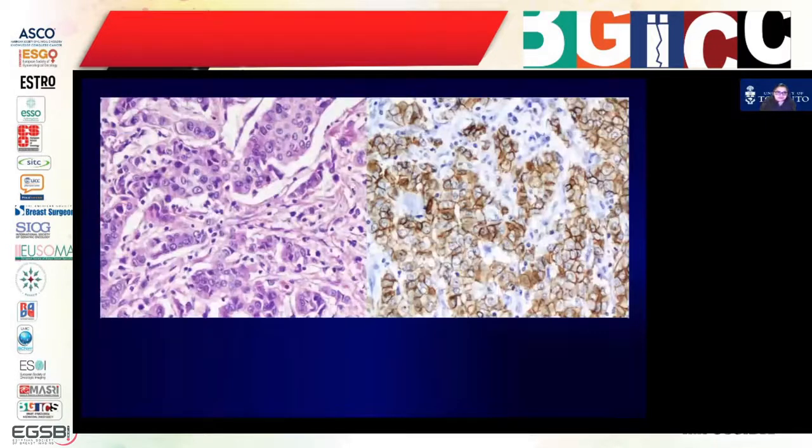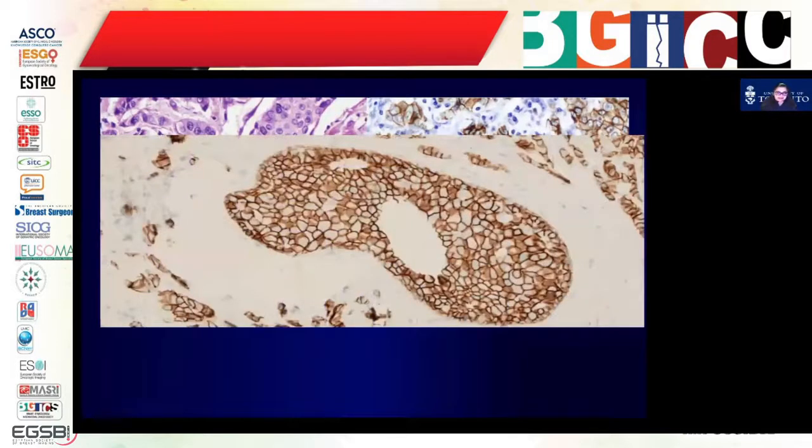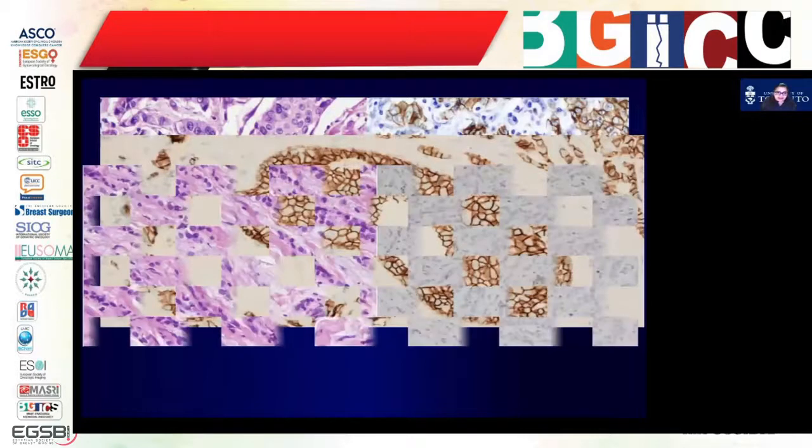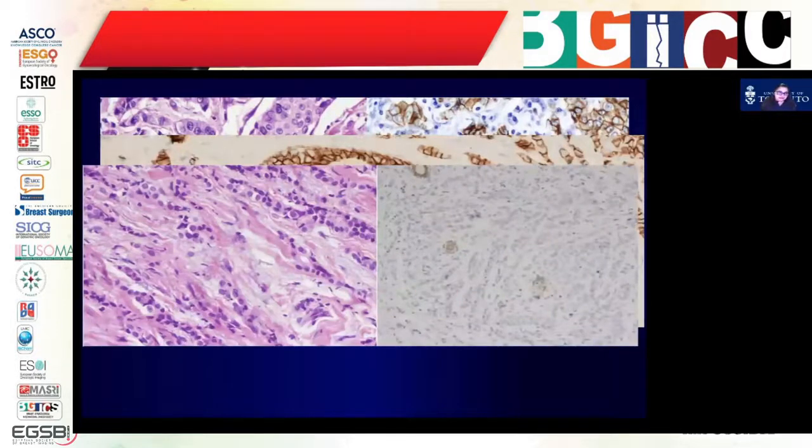So here is an example of an invasive ductal cancer, which shows staining of the basal membranes with E-cadherin. And this is again a nice example of how the staining looks. And here is an invasive lobular carcinoma, and you can see the classic single cells arranged in a planar fashion, and it is negative for E-cadherin staining.